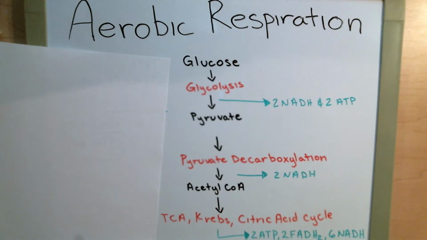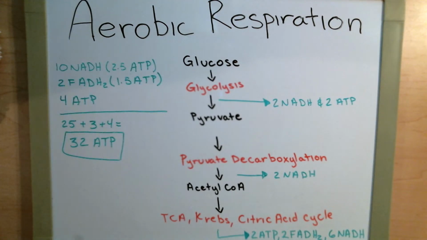Now, you'll hear Dr. Bazan often say that after aerobic respiration, we get 32 ATPs. But from this, you can see that we only have 4 ATPs. So how do we do this? We collect the NADH molecules and the FADH2 molecules, and we put them through something called the electron transport chain.